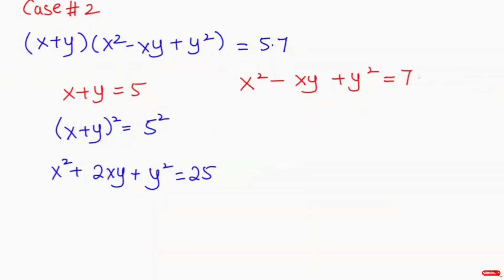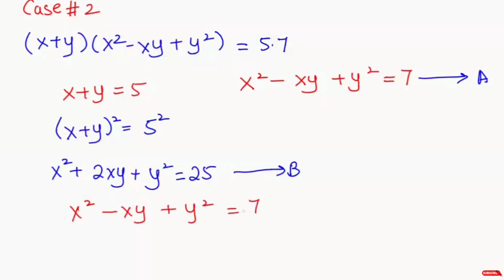Now I'm going to name this equation A and this as B. So here I'm going to subtract equation A from B. So first I'm going to write equation A, that is x squared minus xy plus y squared is equal to 7. And here x squared plus 2xy plus y squared is equal to 25.